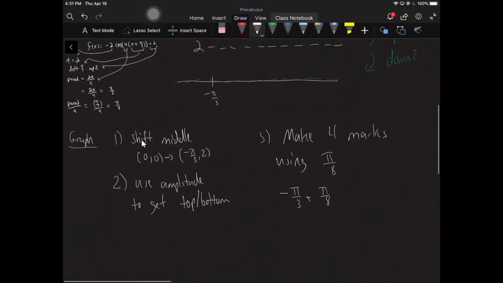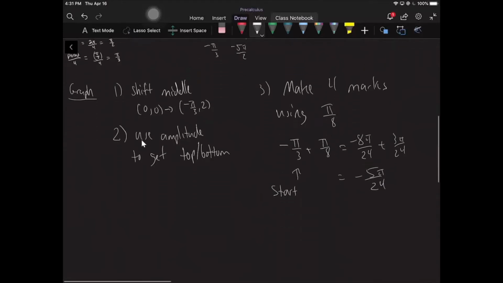That's what this negative pi over 3 was. It was like the start at the beginning. So if I do that, common denominator, oh God, what is that? Negative 8 pi over 24 plus 3 pi over 24. That gets you negative 5 pi over 24.